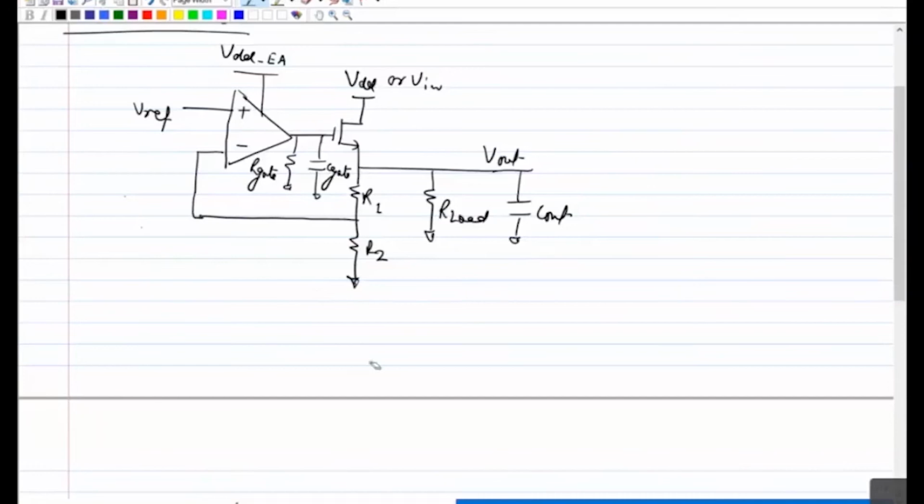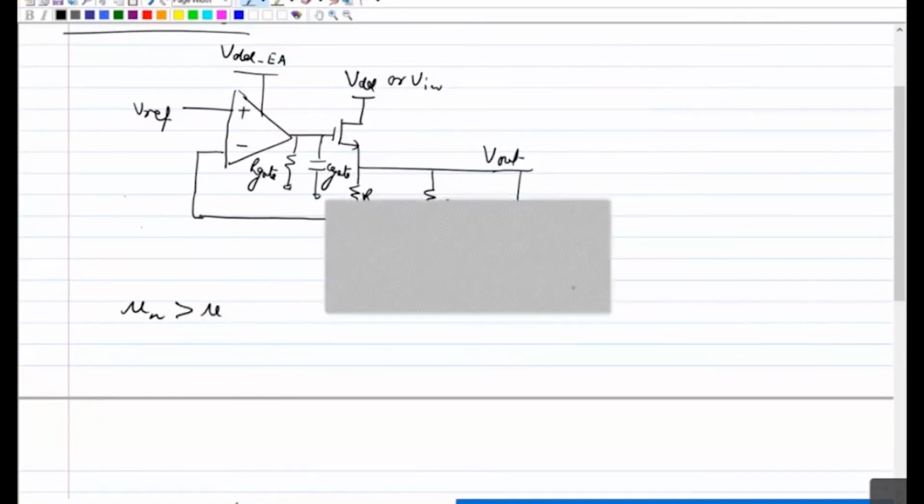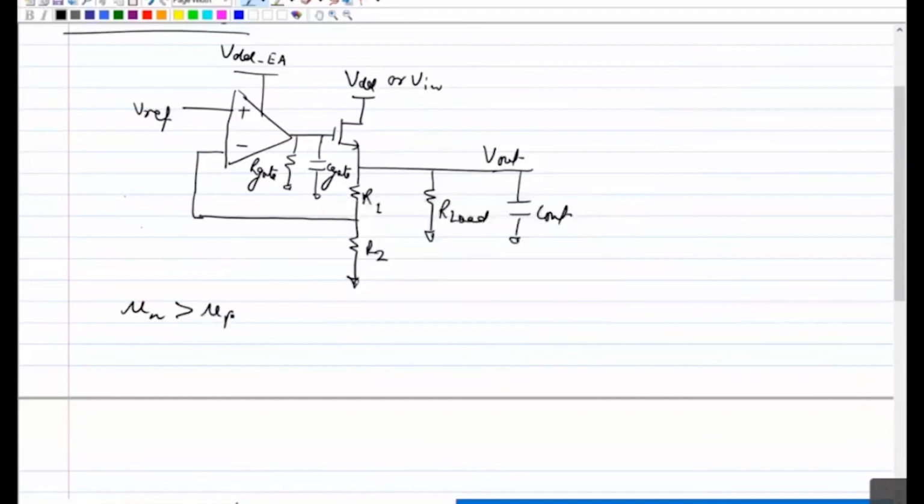The one advantage of using NMOS is that we know the mobility of NMOS is greater, usually 3 to 4 times in the lower technologies. When you go to, let's say, 180 nanometer or below, you will see 3 to 4 or even 5 times the mobility of NMOS, which means for the same drive current, you may require 4 to 5 times smaller transistor.